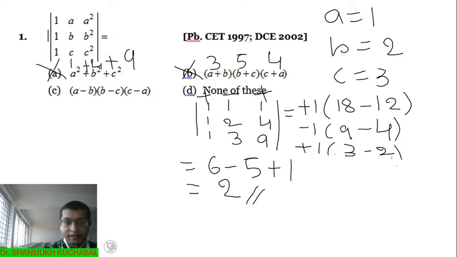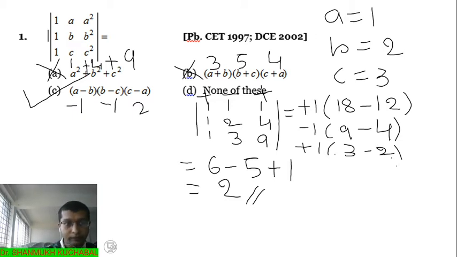Here it is a minus b minus 1, b minus c minus 1, then c minus a plus 2. If you multiply, we get 2 as an answer, so c is the right answer. Okay, like this we have to solve, that is, take values of a, b, c in such a way that the value of the determinant is not equal to 0.